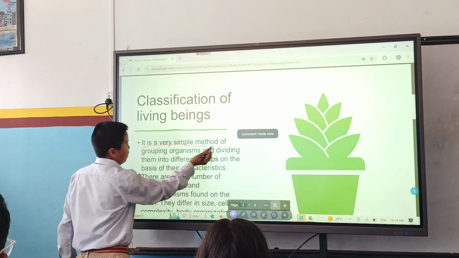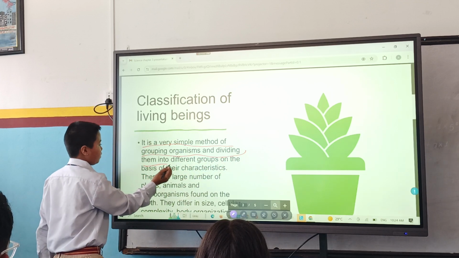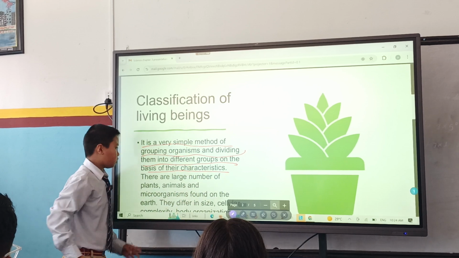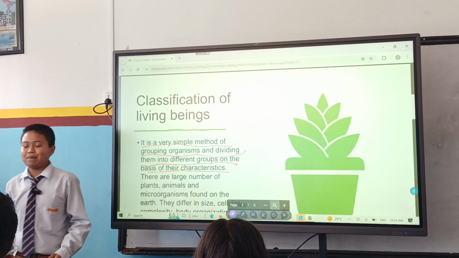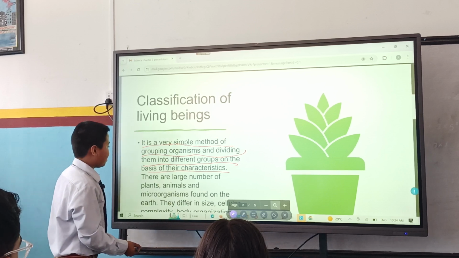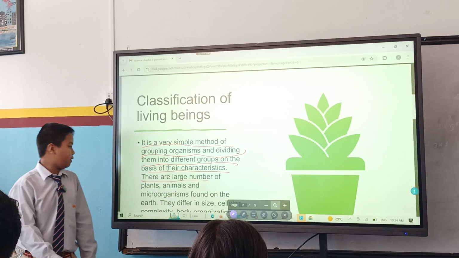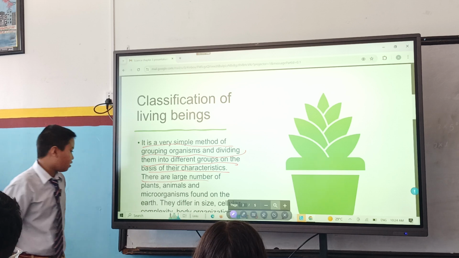Classification of living beings is a very simple method of grouping organisms and dividing them into different groups on the basis of their characteristics. It is divided into many parts. There are a large number of plants, animals and microorganisms found on the earth.